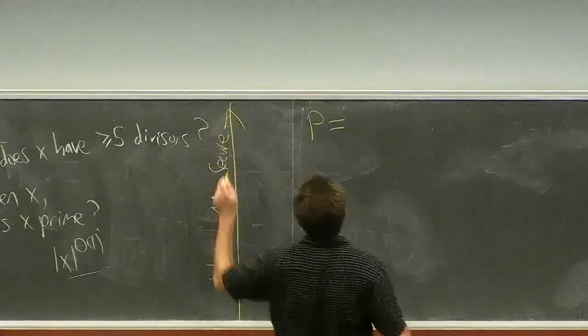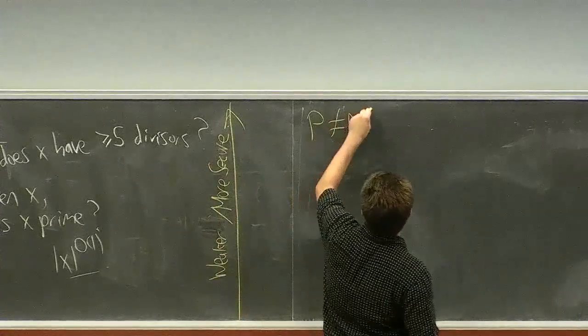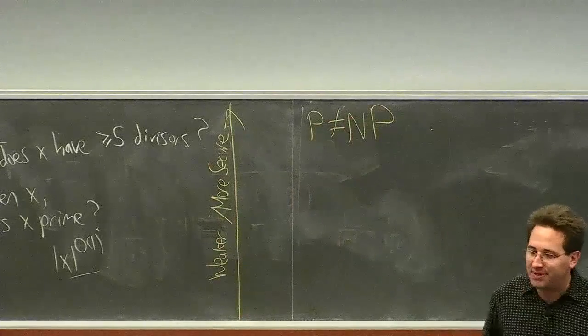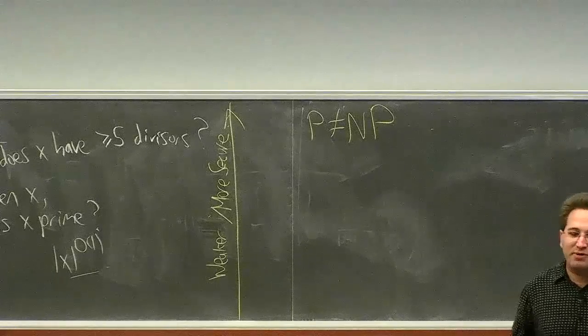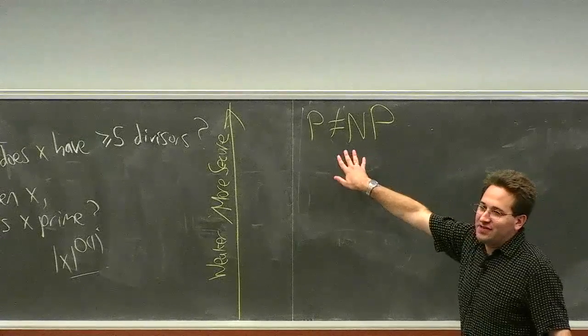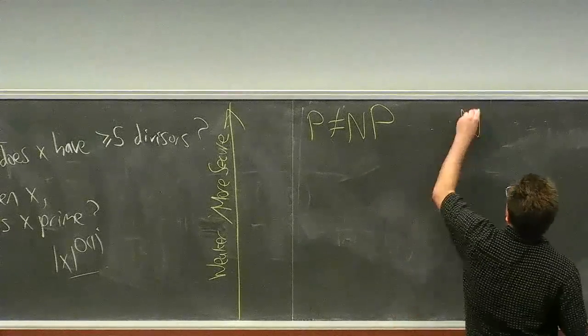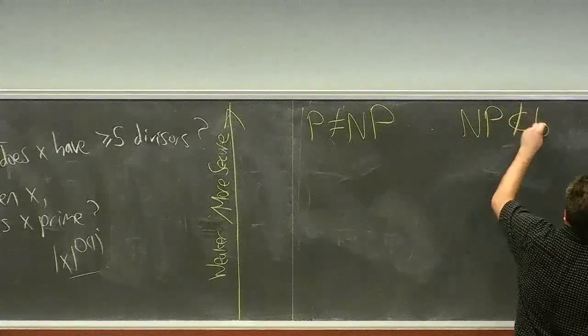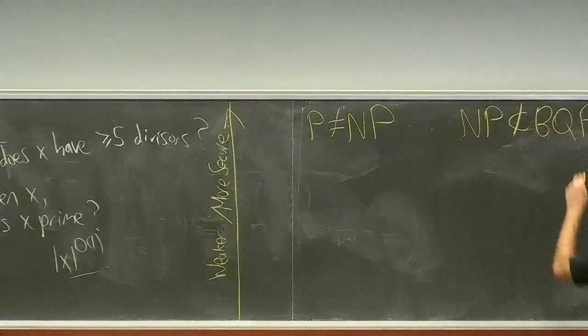So at the very top, I'll put P is not equal to NP. And what will be relevant for us is the analogs of all of these hardness conjectures for quantum computers. The quantum analog of this hypothesis is called NP not contained in BQP.